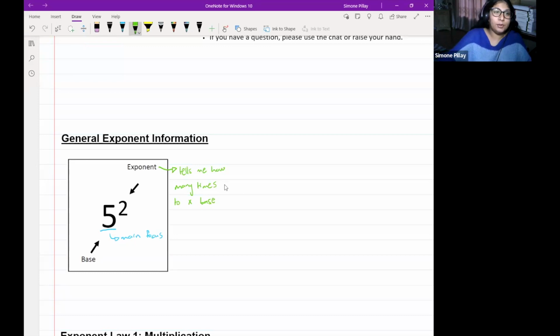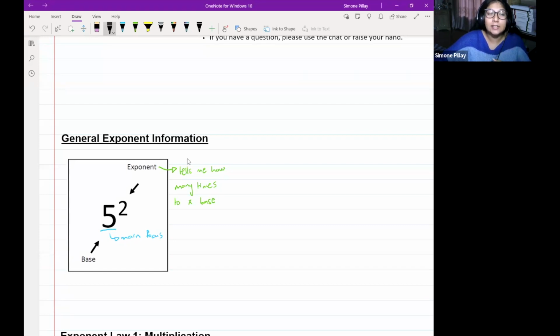So for example, if I were to write out this exponent over here, the way we say it is 5 to the power of 2, or in this case, because the exponent is a 2, we can say squared.